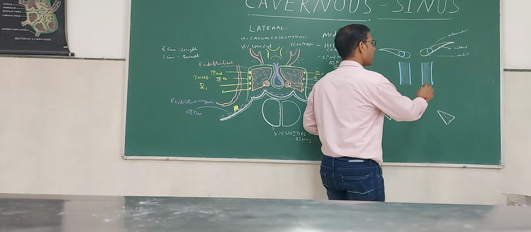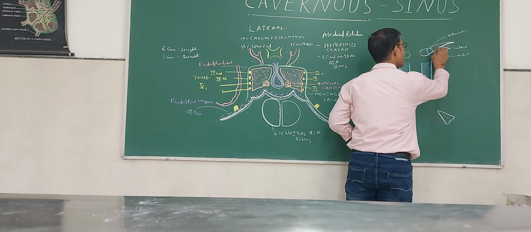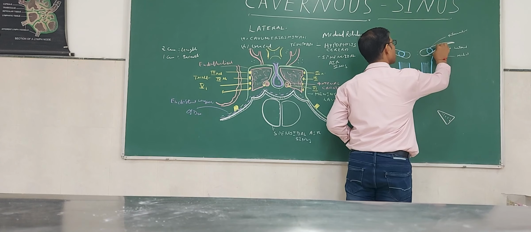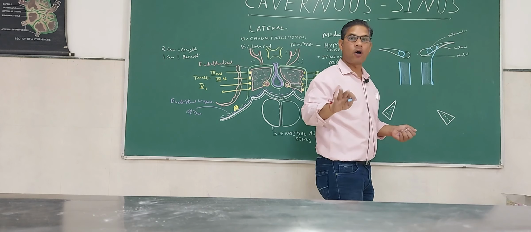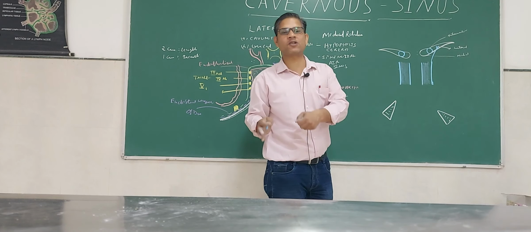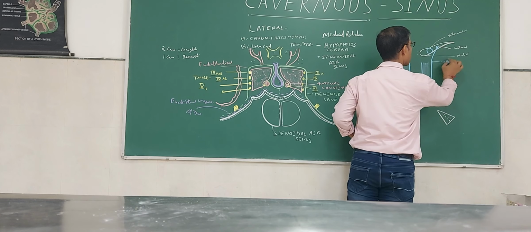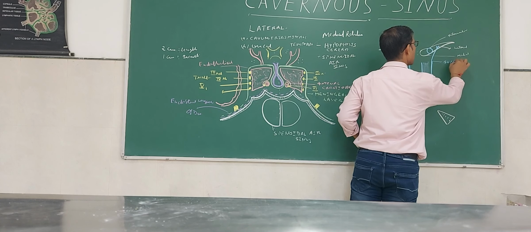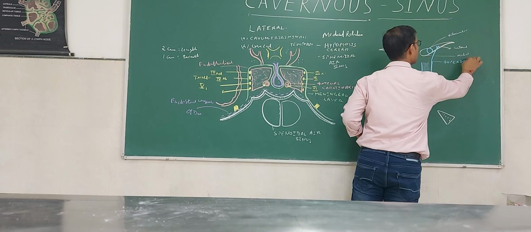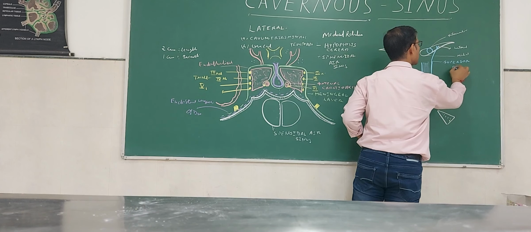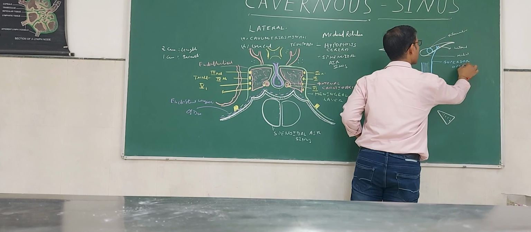First and foremost, a vein passing into this cavernous sinus and receiving blood from the external space of the eyeball is known as the superior ophthalmic vein.